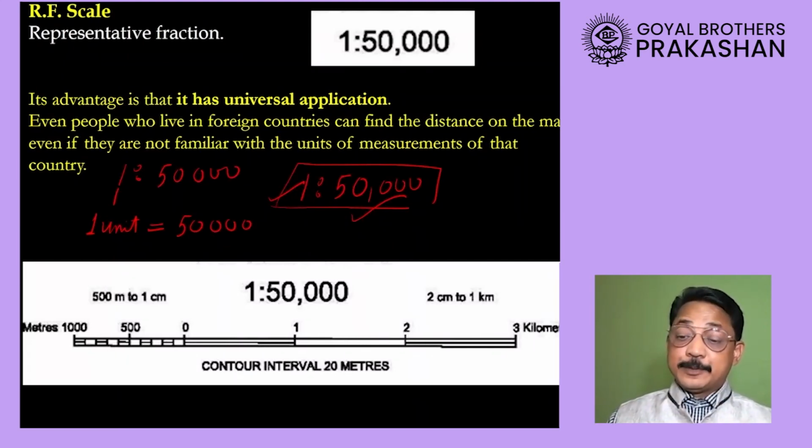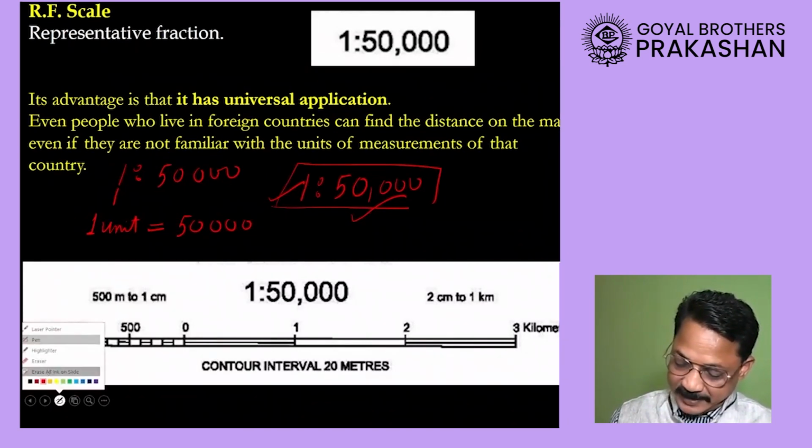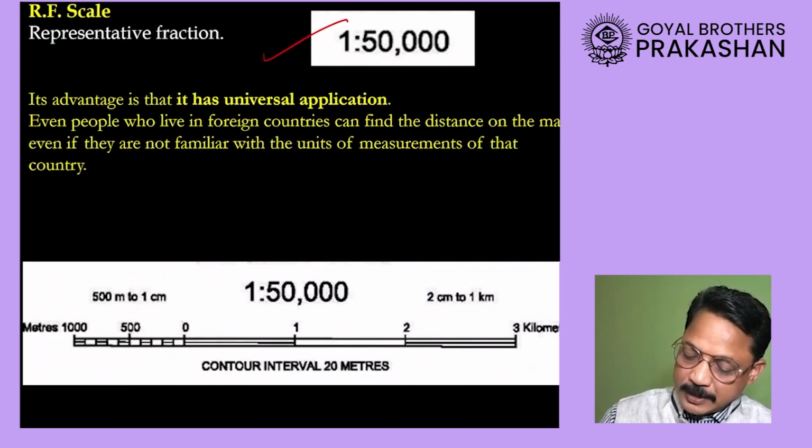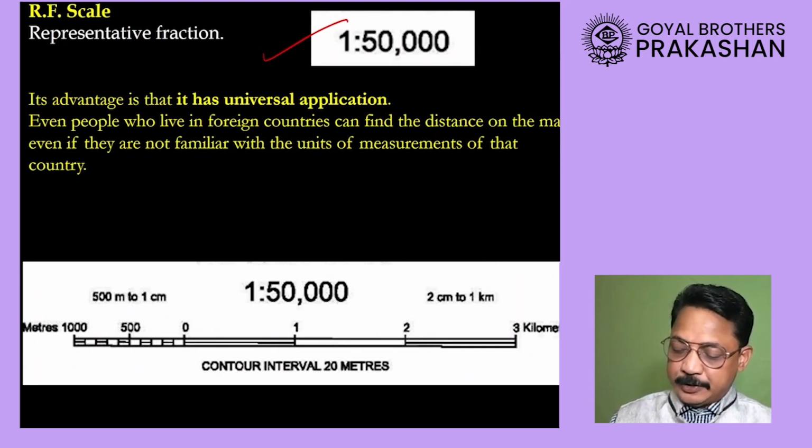So this kind of scale is called as representative fraction, and in a topography map, dear students, we find the representative fraction to be 1 is to 50,000.